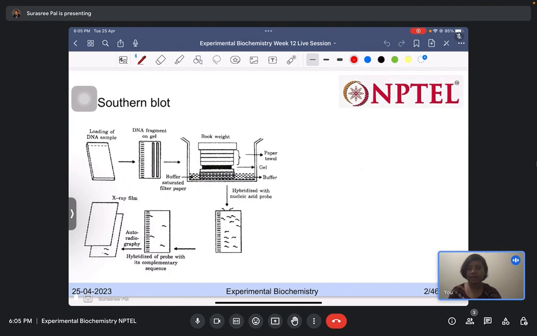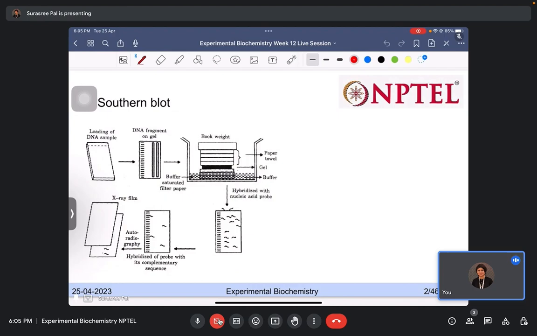These blotting techniques, or immunoassay techniques, are important because they are used to detect biomolecules, like DNA, RNA, or protein. The southern blot technique was developed by Edwin Southern, and it was named southern blot after him. It is a technique used for detection of a specific DNA sequence.